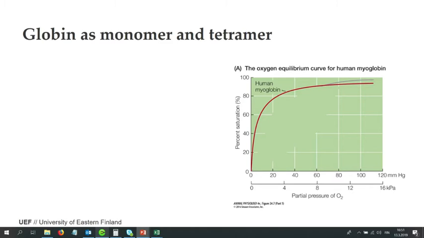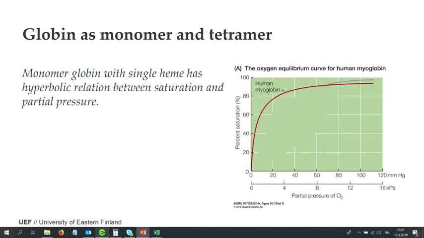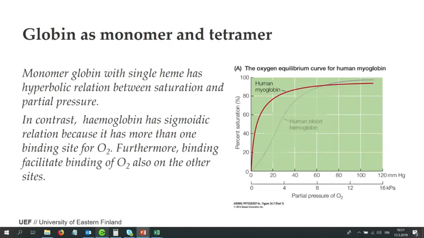So human myoglobin is a monomer, binding only one molecule of oxygen, and that's why there's a hyperbolic relation between the saturation and partial pressure. But in hemoglobin, we have a sigmoidal relation, because more than one binding site exists.